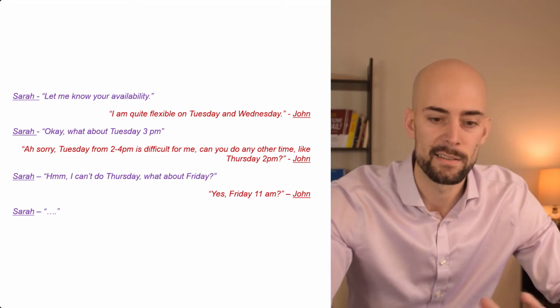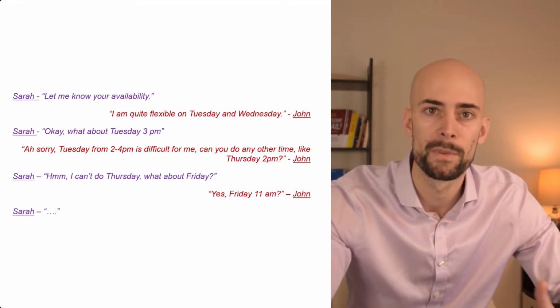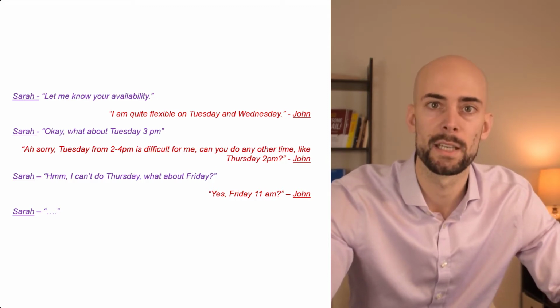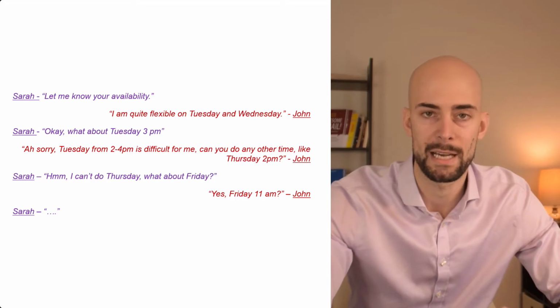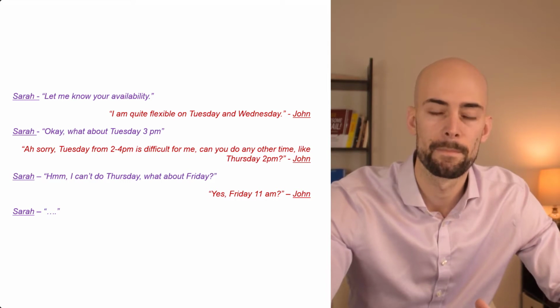And on this slide is an example of how that could look. But I think we've all seen and experienced how ineffective that is. Everybody just throwing ideas and times out and then having a hard time actually finding a time.